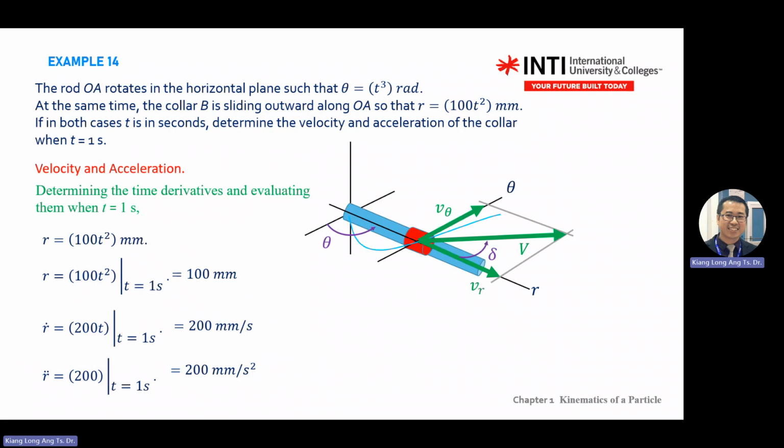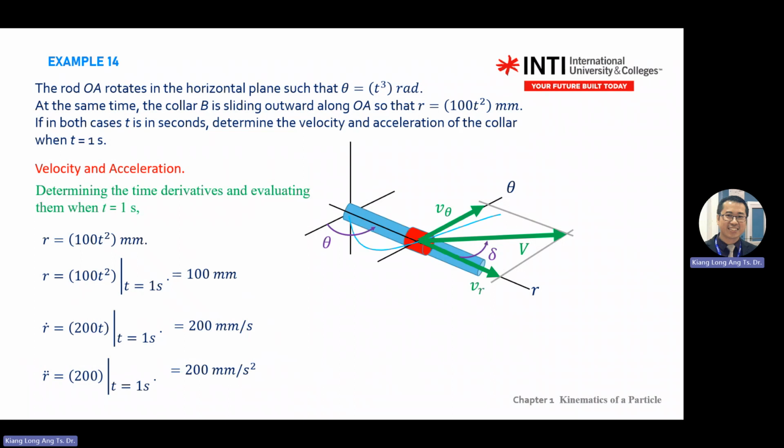If you are given the time, substitute it here; this is usually given. Substitute, and you find this one. Also, you can find theta dot and theta double dot. This line means substitution.